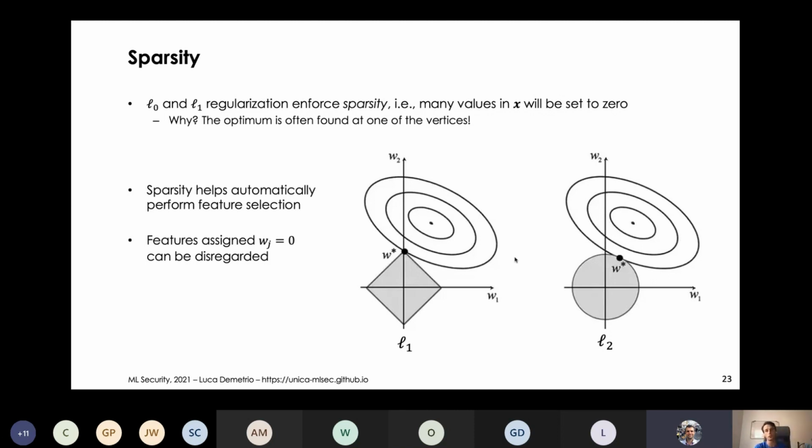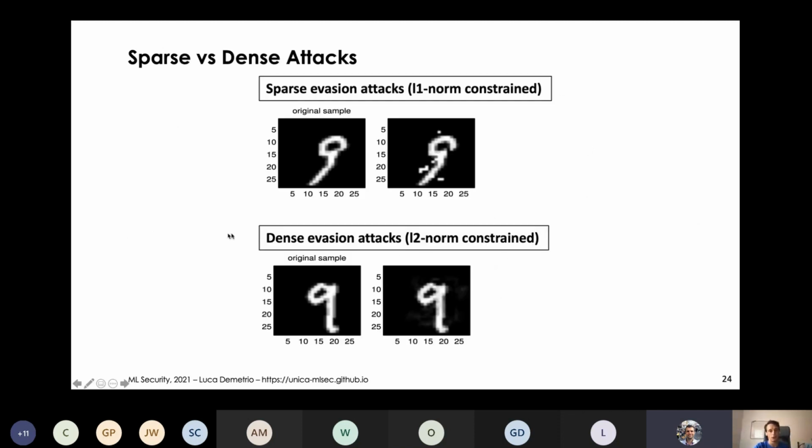From the manipulation point of view, if you have a sparse attack, you edit few pixels here and there, and you're happy because your manipulation is as little as possible. Otherwise, if you use the L2 norm, you end up with something that you can probably see, with a lot of gray pixels, many of them inside the digit, and the manipulation is all over the image.